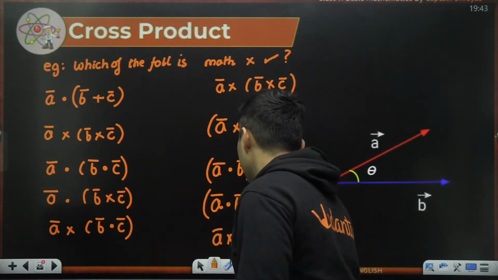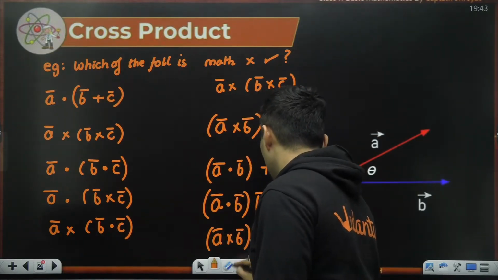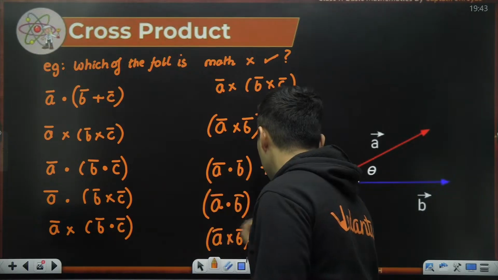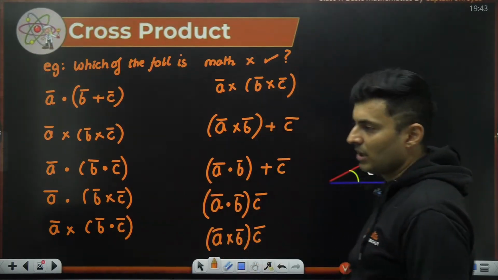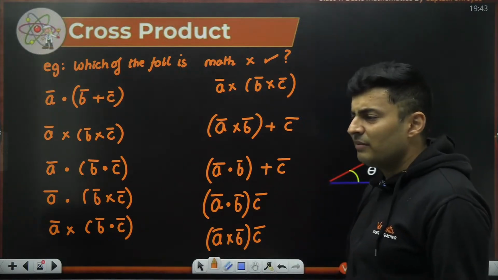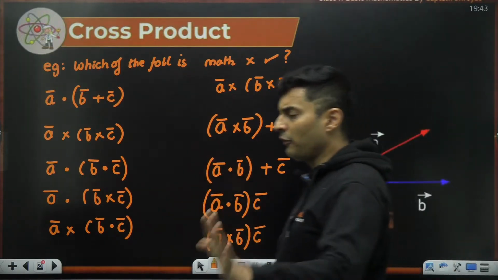A cross B, this is C bar, and there is C bar here without any multiplication symbol. So many expressions are given which are mathematically wrong to write down or mathematically fine to write down.